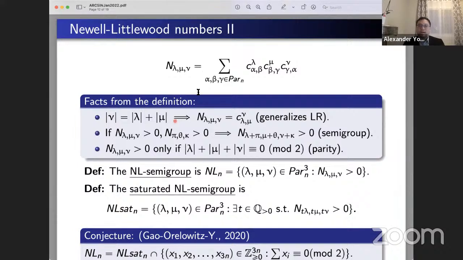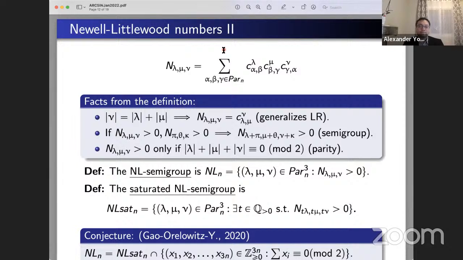I've just restated the definition, and what happened is Gao, Orelowitz, and I started our study of this by trying to understand what you could know about these numbers from the combinatorics, just from this definition. We have a bunch of results, most of which I won't state here, but I want to give you a sense of how we think about this.